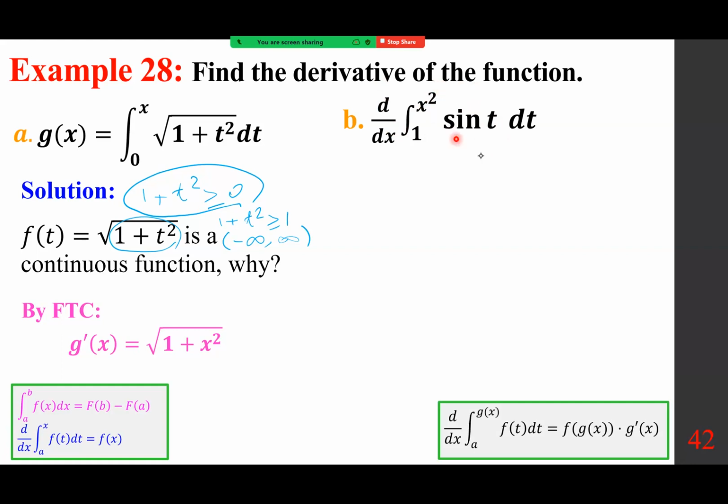So according to this formula, if you want the derivative of the integral from a to g of x of f of t dt, so to compare, and this a is any number. Now you are going to write f of g of x. This is your f of t. First, maybe I write this for everybody so you can see. This means f of t is sine t.